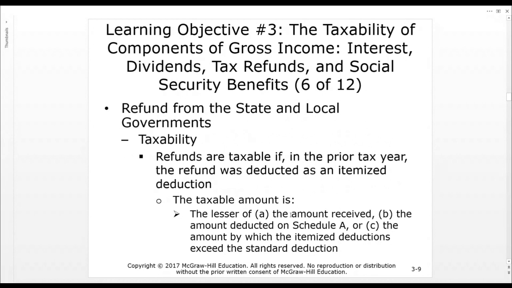So we're Pennsylvania residents. You file your Form 1040, and you also file your Pennsylvania form, right? So whatever refund you get from the Pennsylvania form is now considered taxable income for that next year. So if you got a $500 refund, now that's $500 that they're going to tax again, right?